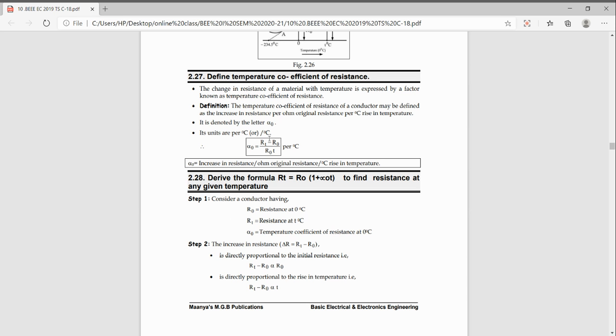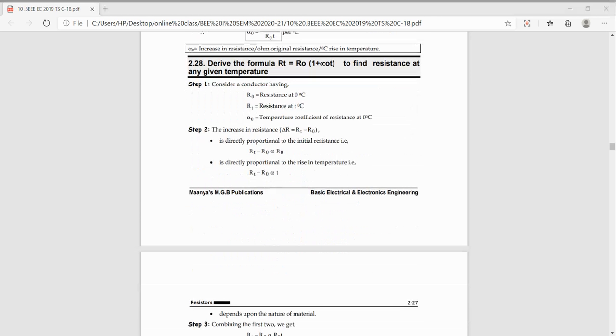For this, there is a formula derivation also.